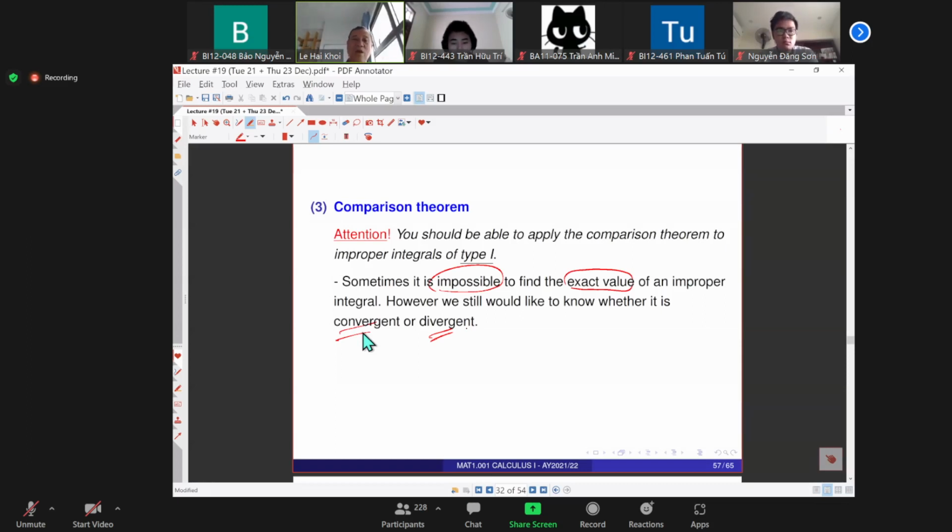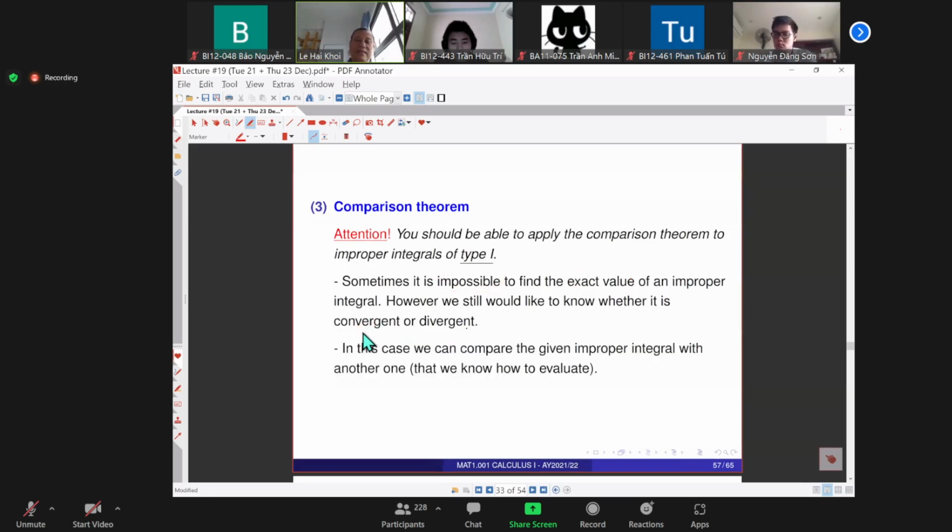For that, we need some well-known integral to compare. For example, the integral from 1 to infinity of 1 over x to the p: for p bigger than 1, it converges; for p less than or equal to 1, it diverges. We just talked about it some minutes ago. We may use this as the good integral to compare to.